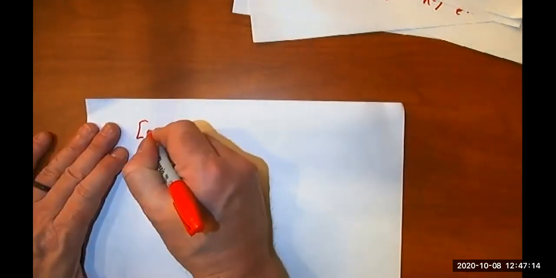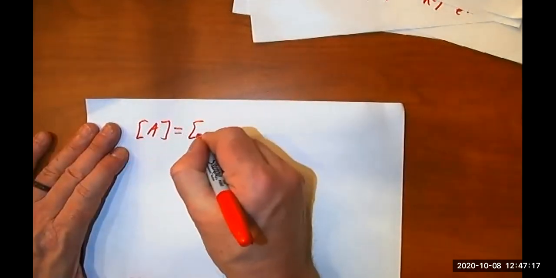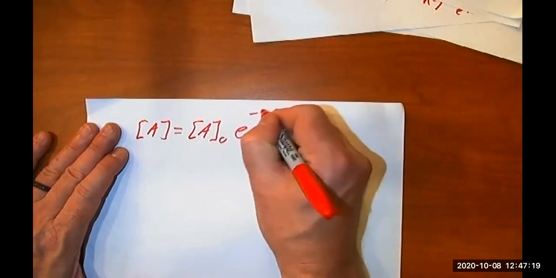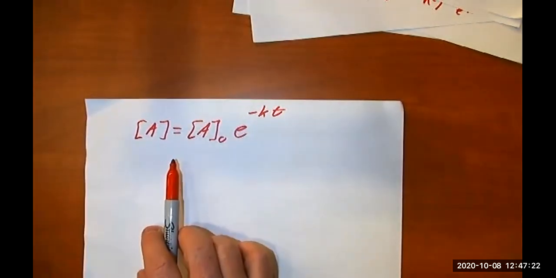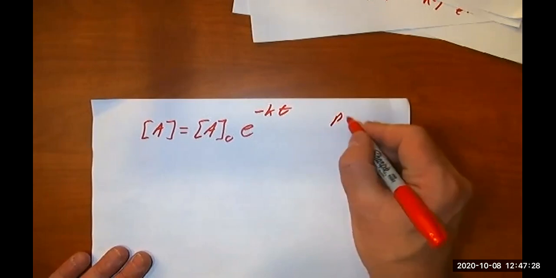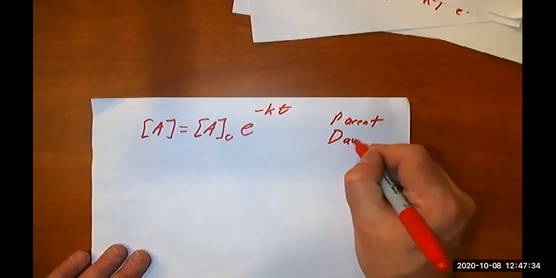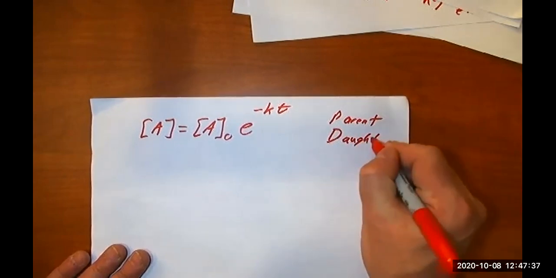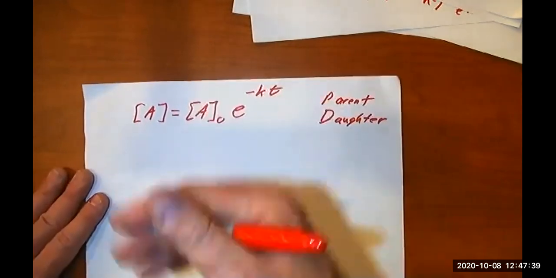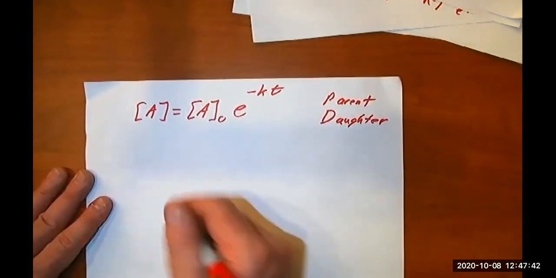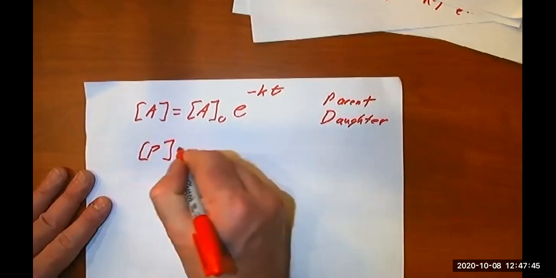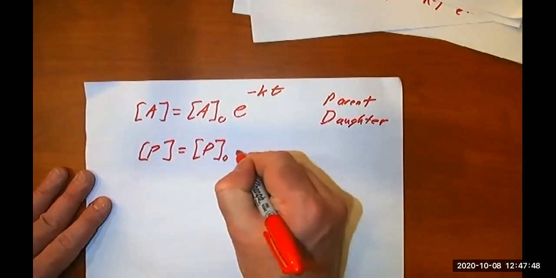So let's take a look here. We know that radioactive decay is a first order process. So the first thing we should do is write down the first order integrated rate law. We are told as well that what we're looking at are parent ions, which we label P, and daughter ions, or not ions, isotopes, which we label D. And so to be consistent with how geochemists use this notation, we replace the A's with P's for the parent ions.